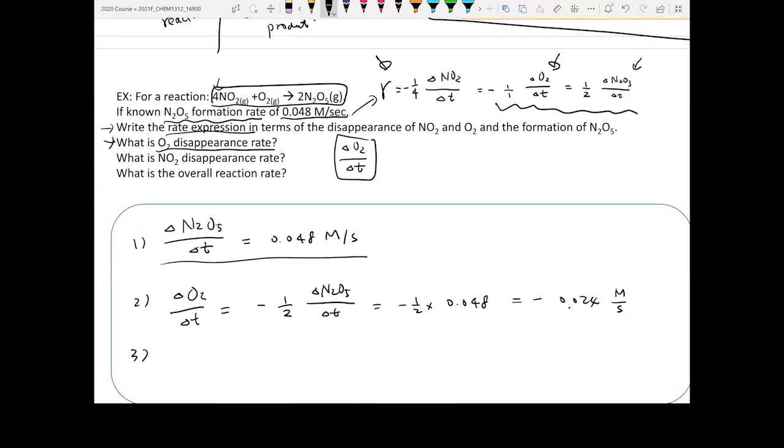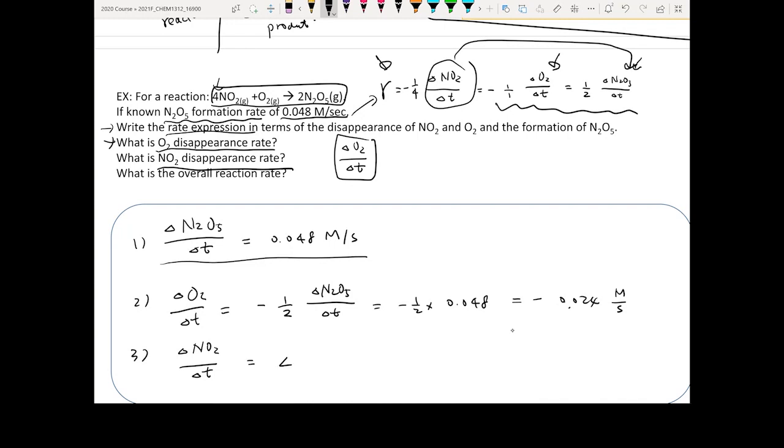That gives you a number of negative 0.024. Now third, what is the NO2 disappearance rate? So what I want is this guy, delta NO2 over delta T. This is what I want, okay? And then you know this is equal to that.